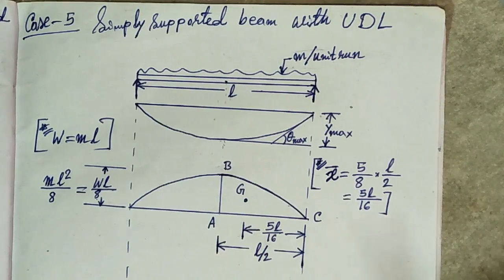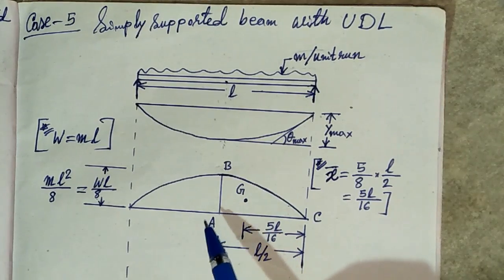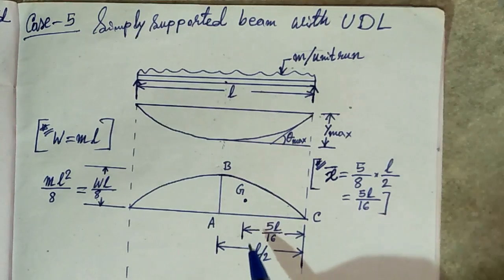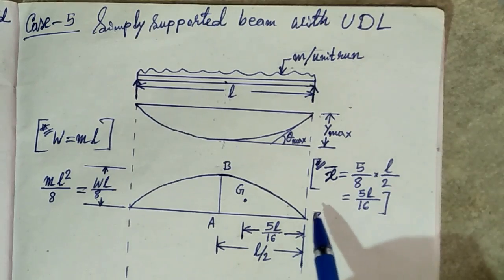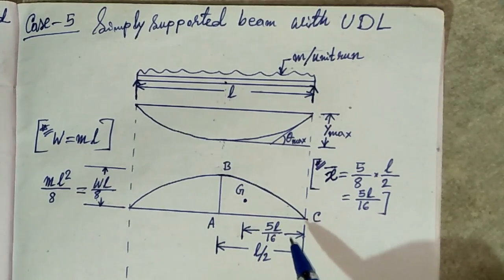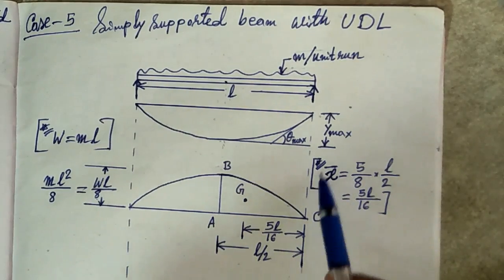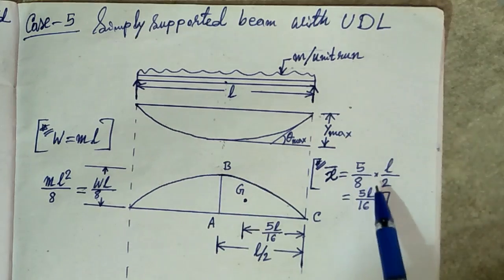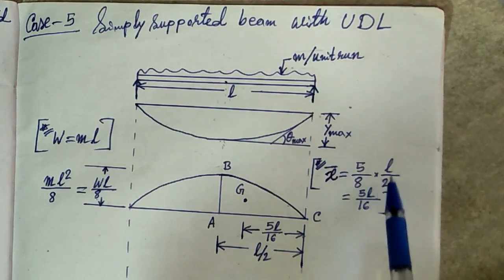The center of gravity of the ABC portion is G. From the right side end, the CG distance x bar is 5 by 8 into L by 2.